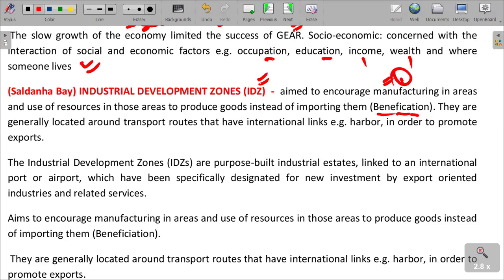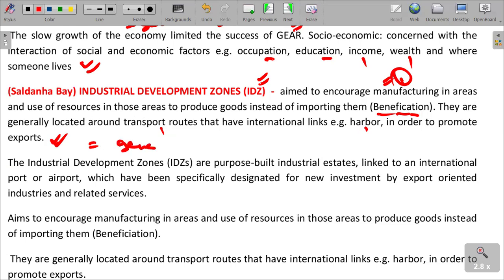So they are generally located around transport routes that have international links, e.g., the harbor, in order to promote exports. So this has to do with what?